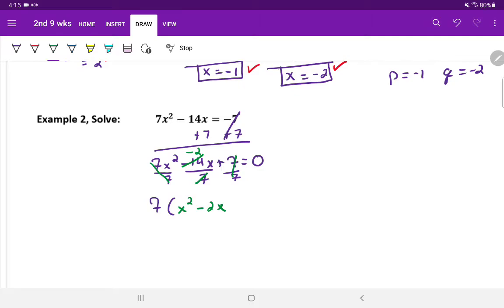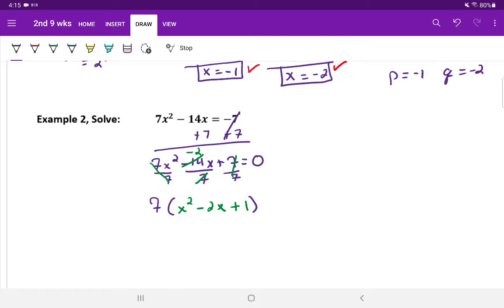And then these 7's divide out. Now remember, don't leave that off or put a 0. Same over same equals 1, so it's going to be plus 1. Very important. And remember, when we're done, everything should multiply back to our original equation.